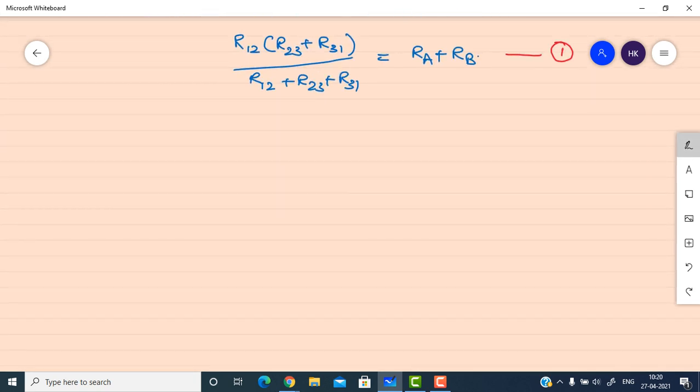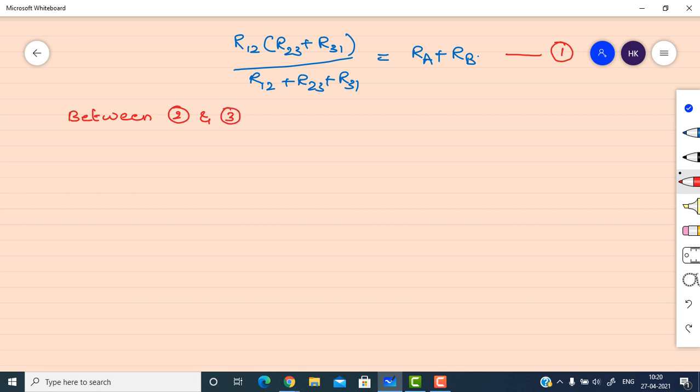So now I will do it for between 2 and 3 terminals. So consider 2 and 3 terminals and leave that 1 terminal.